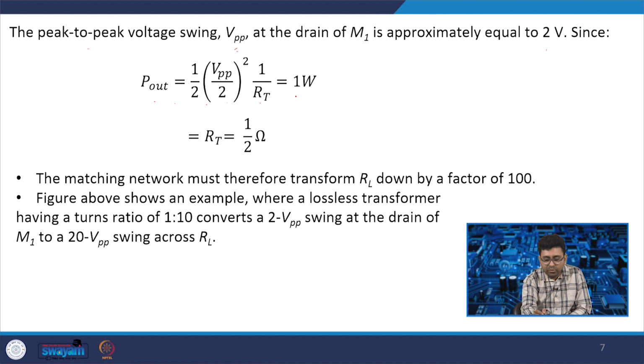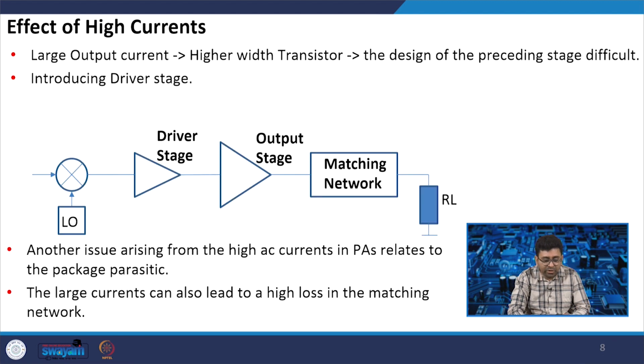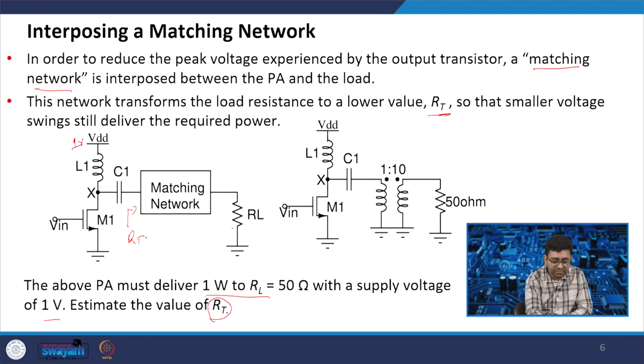We want to deliver 1 watt and VPP is fixed. So what is the value of RT? 2 by 2 is 1, so RT is nothing but 1 by 2. So we need a half ohm, meaning 0.5 ohm resistance at this place.